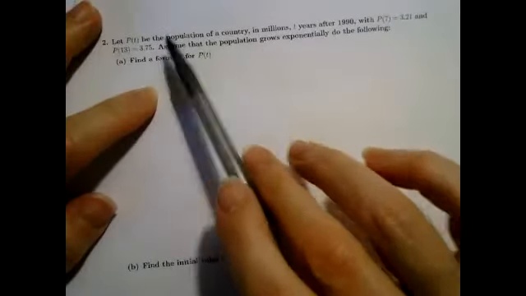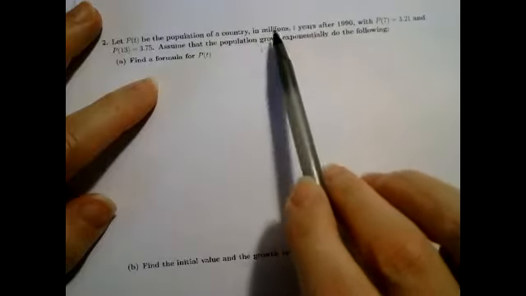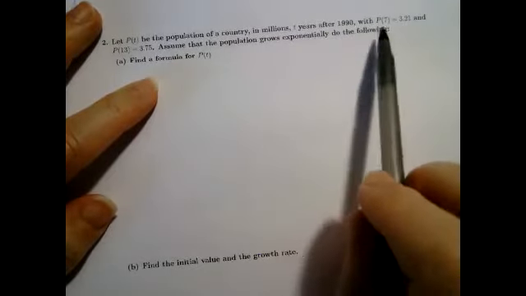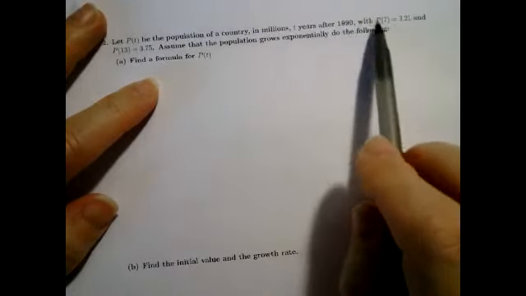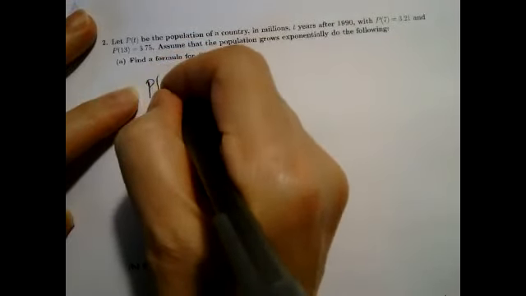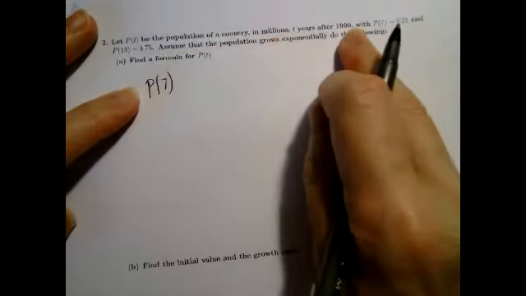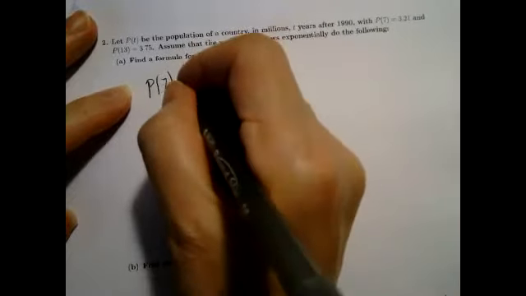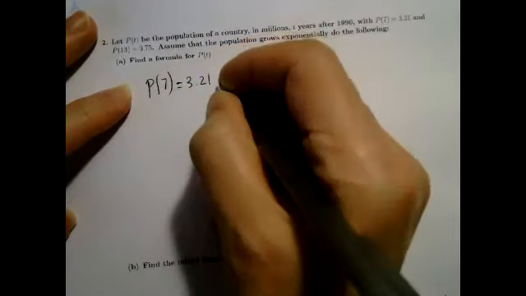So we have P of T is the population of a country in millions, T years after 1990. With P of 7 equal 3.21 and P of 13 equal 3.75. It means that at T equal to 7, in 1997, the population was 3.21 million.